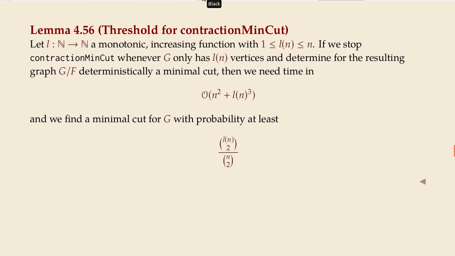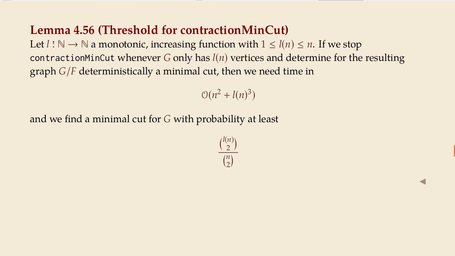As we noted last time, the problem is that the probability to pick a good edge is strictly going down the more we have contracted the graph, because if we are still in good shape and have all the good cut edges in the graph, then there's still the same number, but the overall number of edges goes down rapidly.